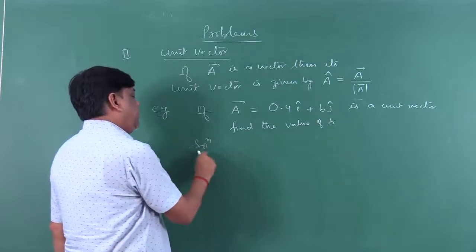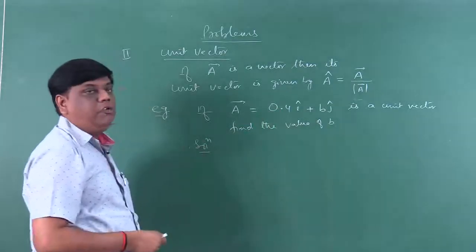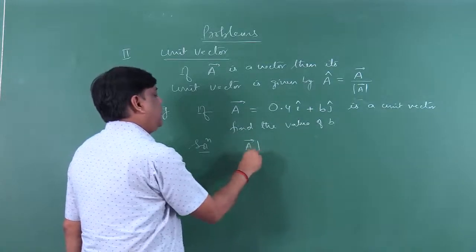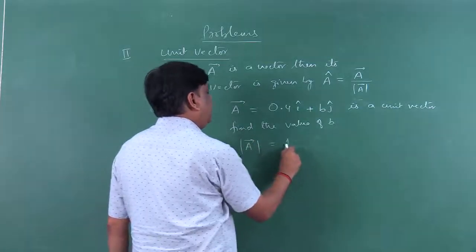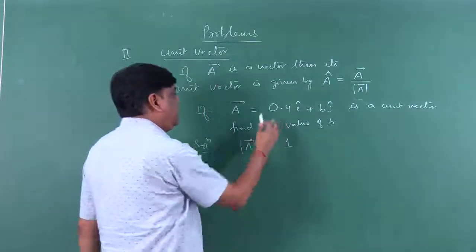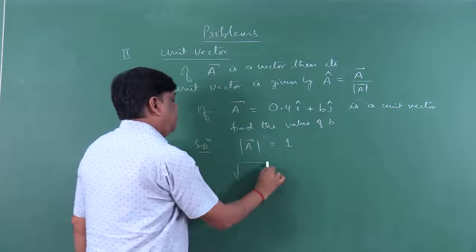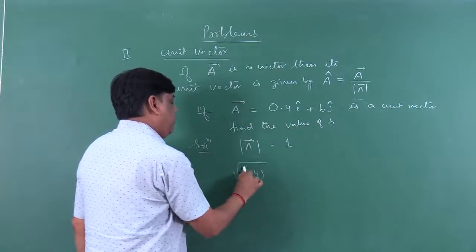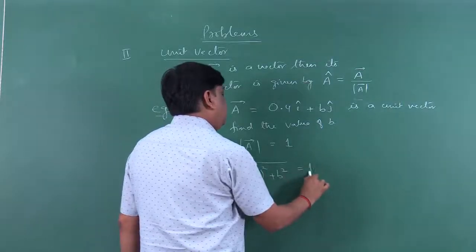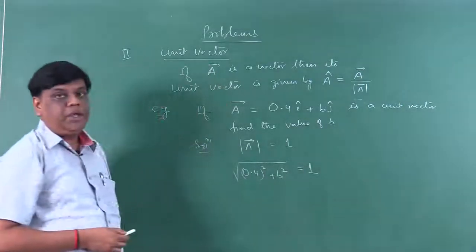So we can say कि because this is representing a unit vector, that means कि the magnitude of this vector must be equal to how much, 1 होना चाहिए. और magnitude हम कैसे लिखते हैं, तो we can say root over of 0.4 square plus b square, this must be equal to 1, correct.